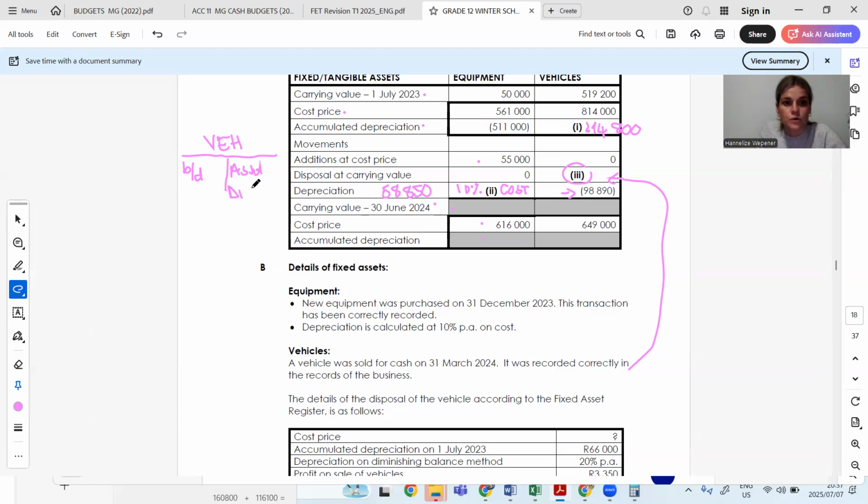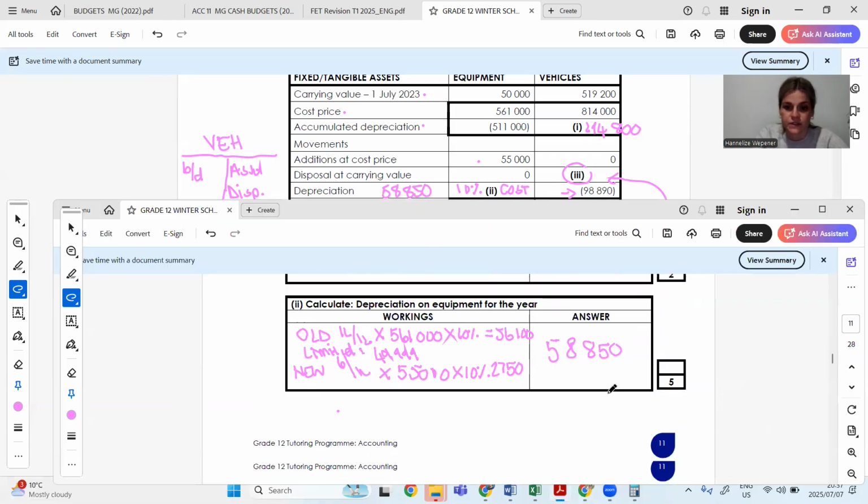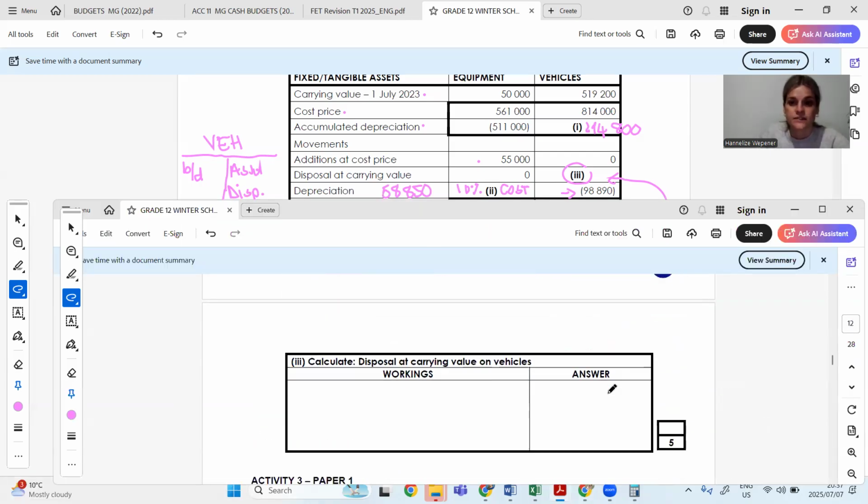We want to know what was the cost of the asset that we disposed of, because we need to calculate the carrying value. We can't do that without cost. And then when you remove that one afterwards, you ended on a balance of 649,000.